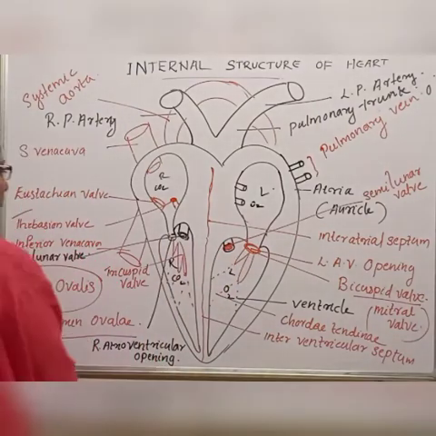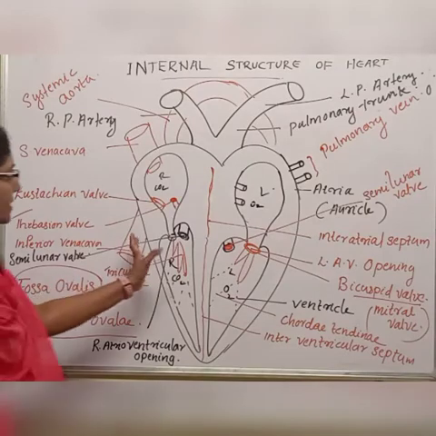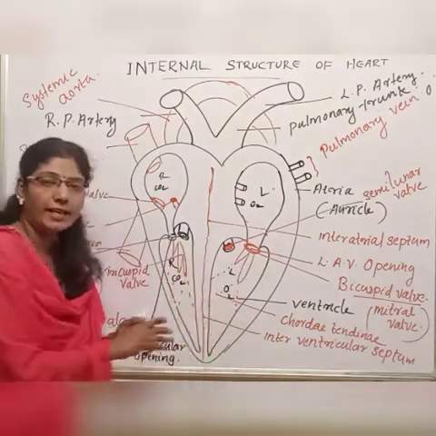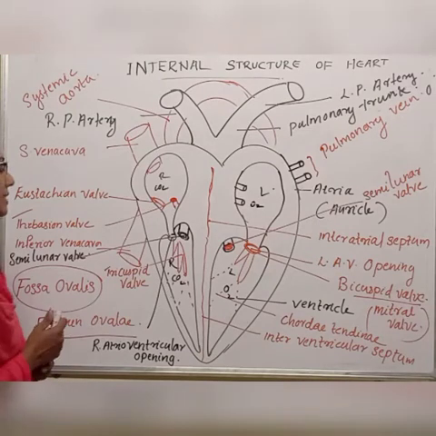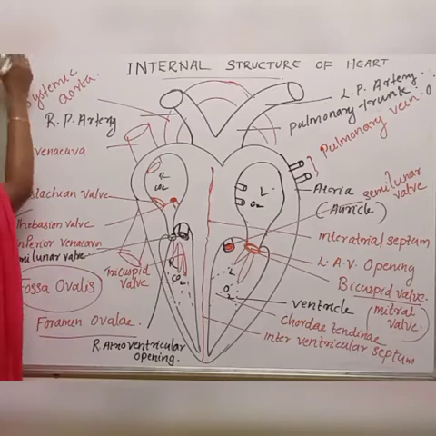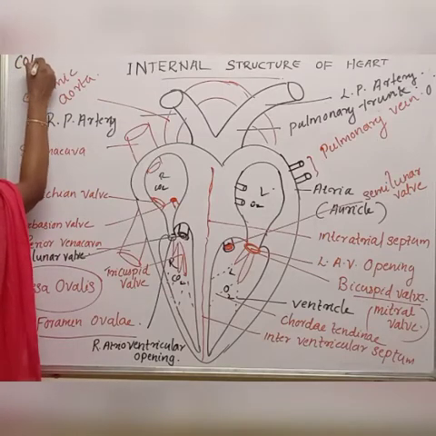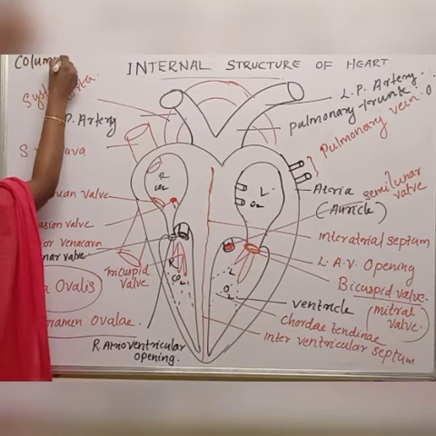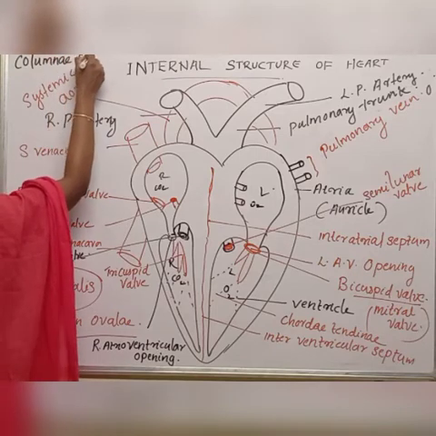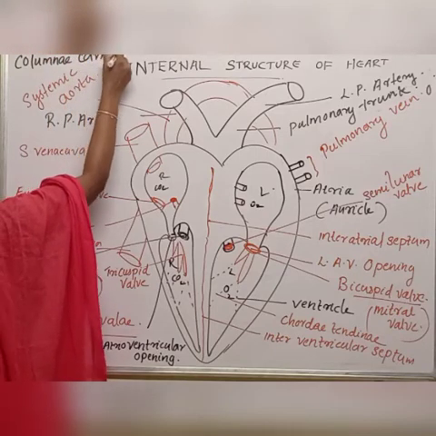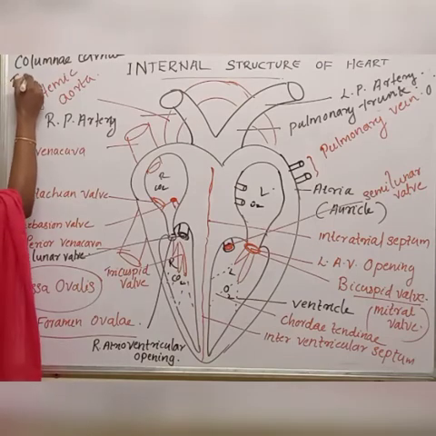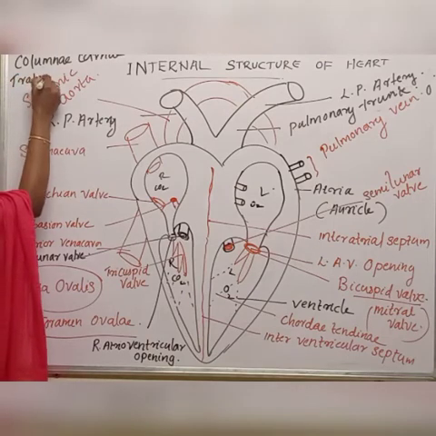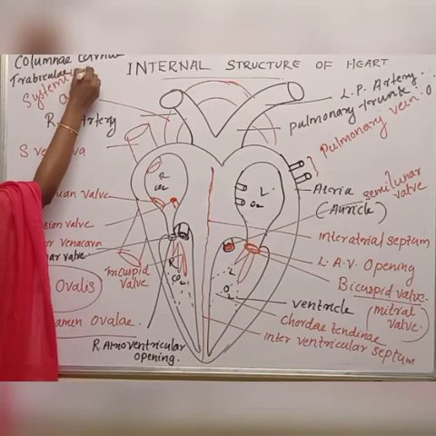Now the walls of the ventricles, there we can see some ridges. Those ridges are made up of muscles. Those muscles are called columnae carneae, or it is also known as trabeculae carneae.